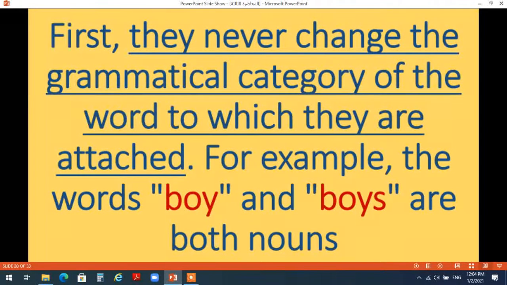When we want to change this word from singular into plural, simply we can add the inflectional suffix s at the end of the word. When we add this inflectional suffix, it doesn't change the part of speech, because the word boy is a noun, and when we add the s inflectional suffix it remains a noun.